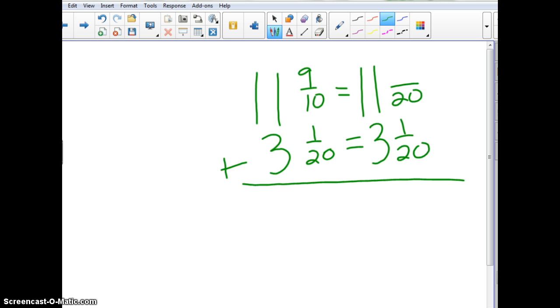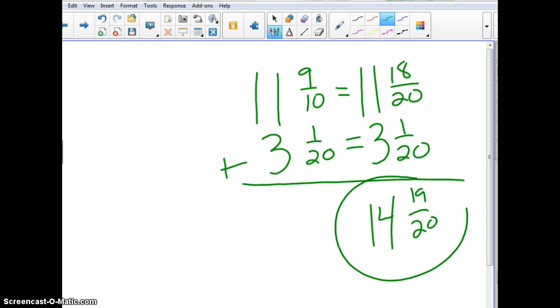Our top fraction becomes what, Kaden? Okay. Final answer? There we go. Is that simplified? Yeah, it is. It's simplified. Done. Good work.